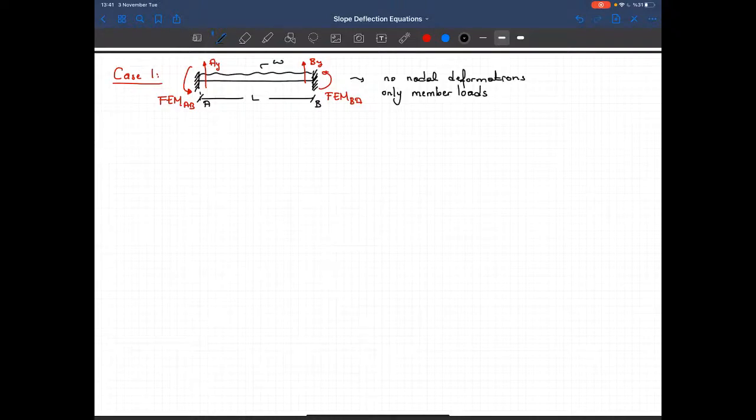So I'll use the same approach. Now let's write the equation for the moment. So I'm taking a section cut.